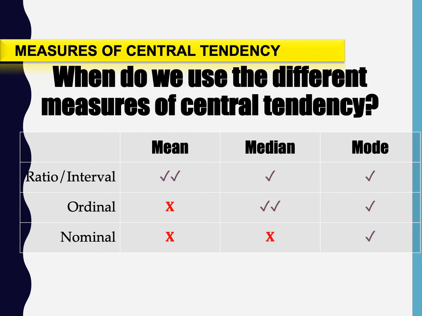Whereas if your data is considered ordinal, you cannot use the mean, but you can use median and mode. So the best measure of central tendency is the median. Whereas for the nominal, you can only use the mode measure of central tendency. So that would be the best measure that you can use.